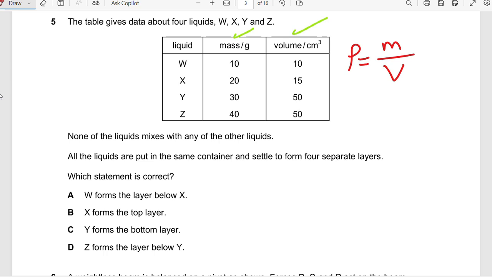If you divide the mass and volume for W, 10 over 10, it will give me 1 gram per cubic centimeter. X here, 20 over 15, if you use a calculator, is going to be 1.33. For Y, divide 30 over 50, it is going to give you 0.6 gram per cubic centimeter.